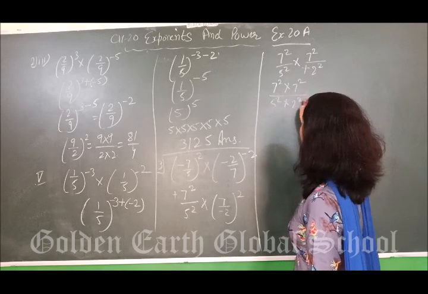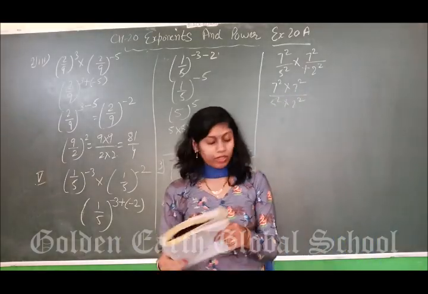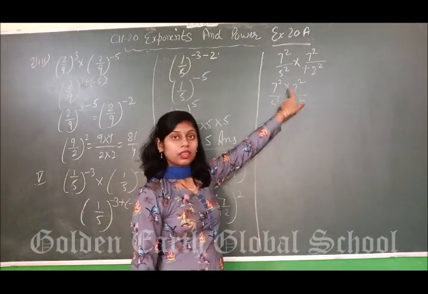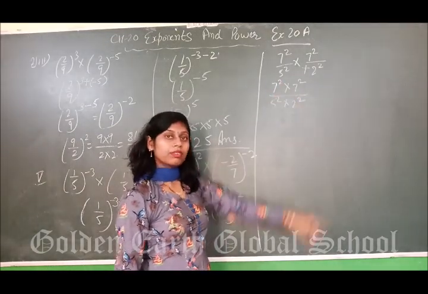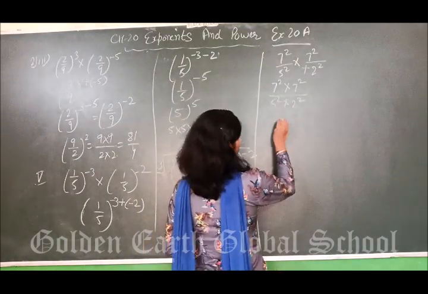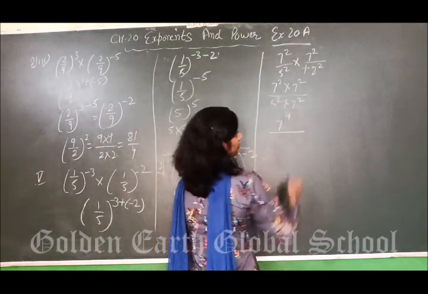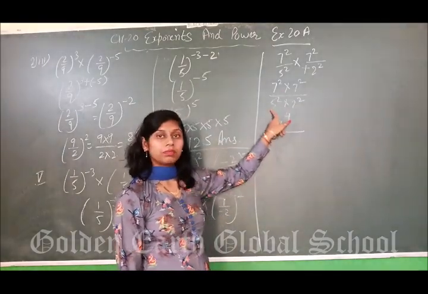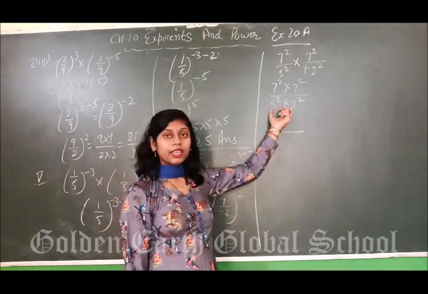This is an even power, so the negative will become positive, 2 raised to power 2. So 7^2 into 7^2 upon 5^2, 2^2. Now we have to evaluate again. In the numerator the bases are the same, so the powers will get added, they are in multiplication, 7 raised to power 4. In the denominator the powers are the same but the bases are not the same, so the bases will get multiplied.